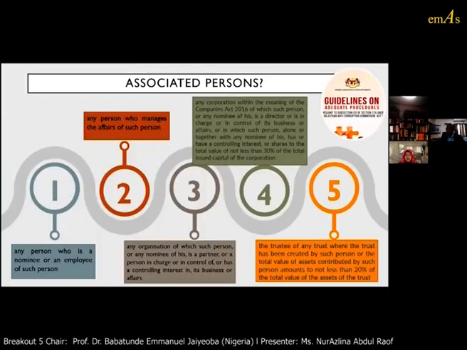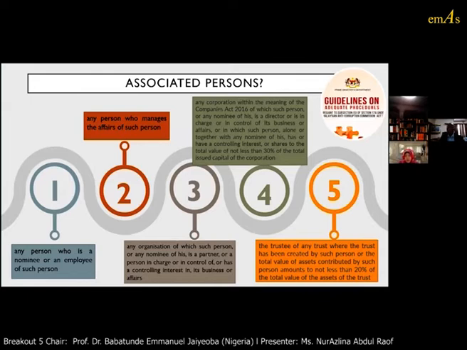The methodology is doctrinal, which is library-based research, as well as a comparative approach. So who are these associated persons? If you look at the statute as well as the guidelines, these persons can be the nominee or employee of the business entities, can be the managers, can be the organization where the person or his nominee is controlling the business.